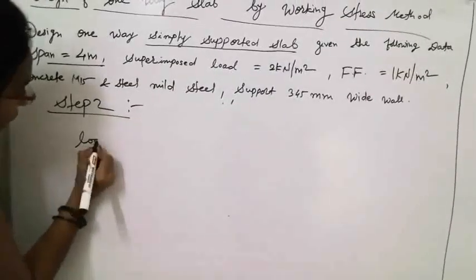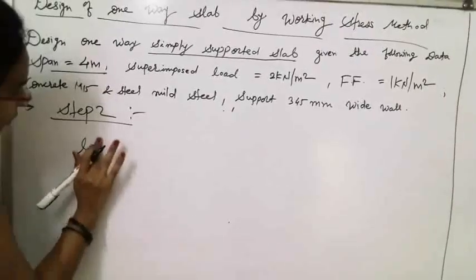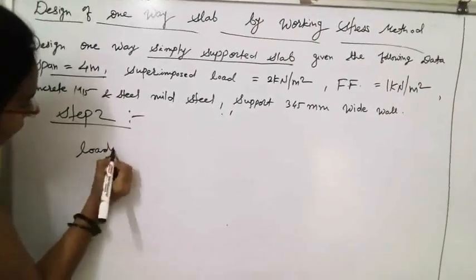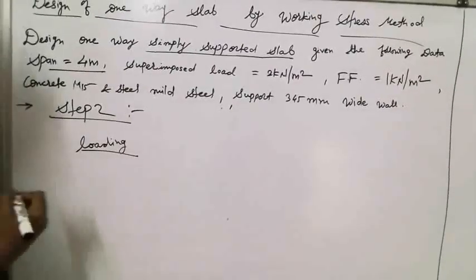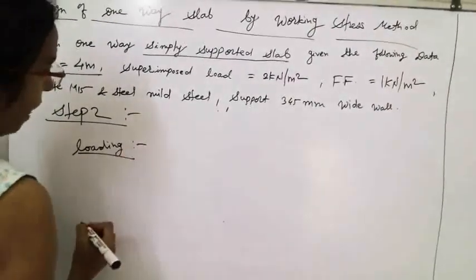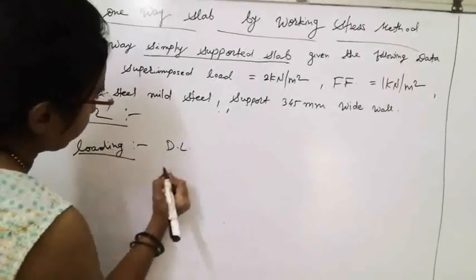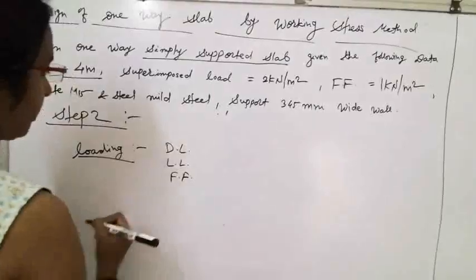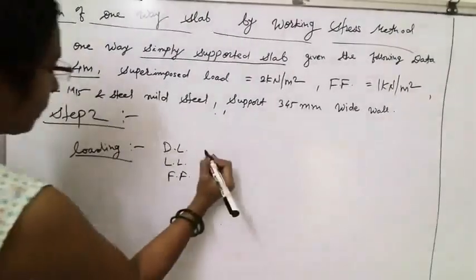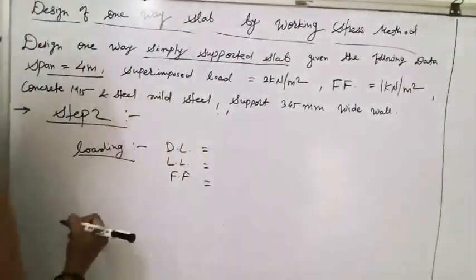Now, loading. As you have an idea about the loadings, the loads acting on your slab are dead load, live load, and floor finish. How will you calculate these?